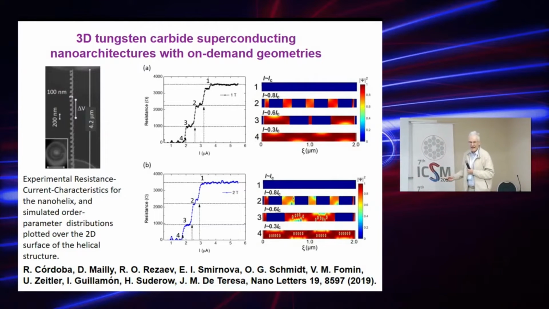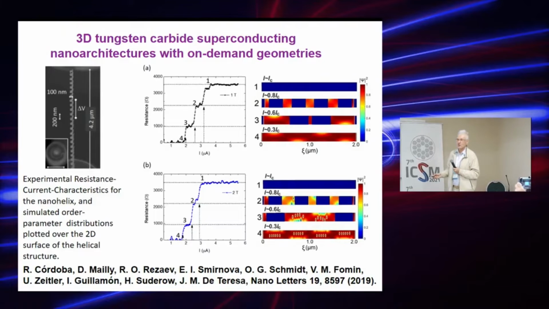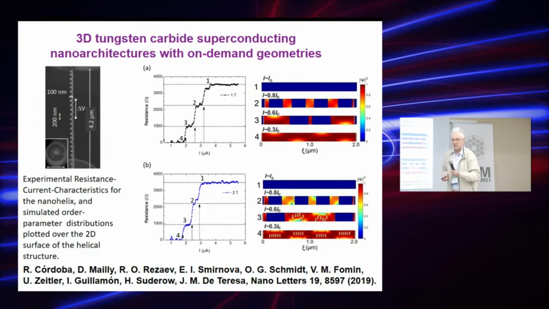And our calculations, which were related to the experimental geometry and experimental data, these materials are not yet so nicely characterized as niobium, and their nanostructuring changes their material parameters.